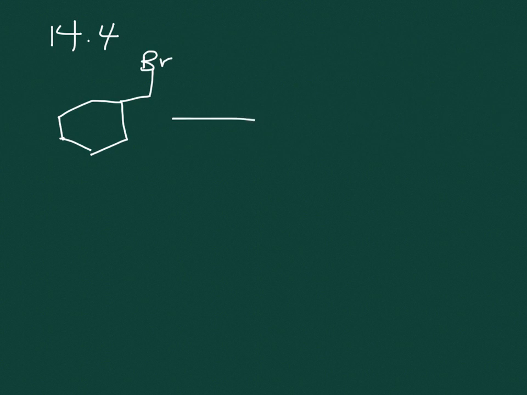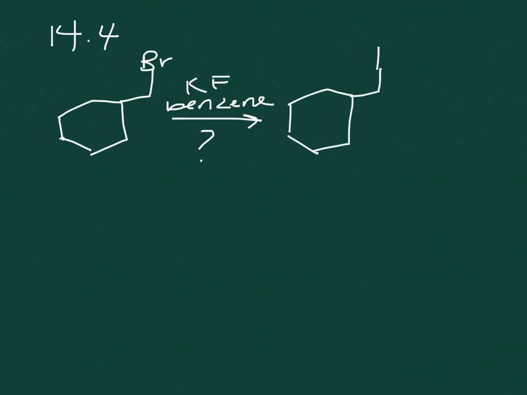If we look at example 14.4, it gives a series of reactions. Here we have a bromine, and we're going to substitute it with a fluorine. And you have to figure out which crown ether you use.